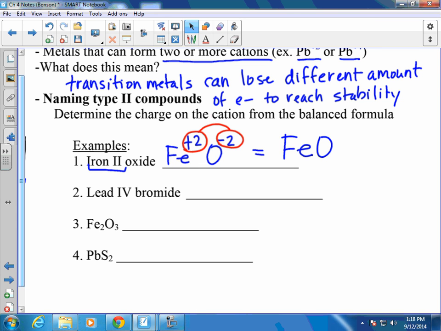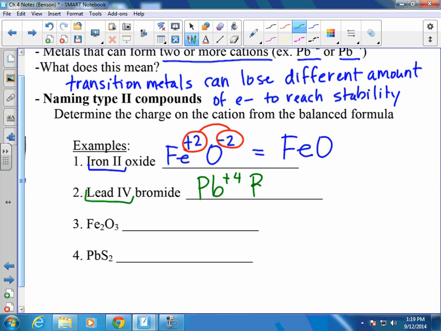Okay, let's try one that we do need to crisscross. If we take a look at lead 4. So again, lead is one of those transition metals. The Roman numeral 4 here tells you what charge it is. And I look up bromide, and that's Br minus 1. Now I can do my math, and I can see that plus 4 and minus 1 do not equal 0. So I'm simply just going to crisscross my numbers.